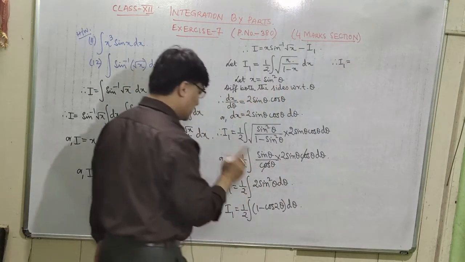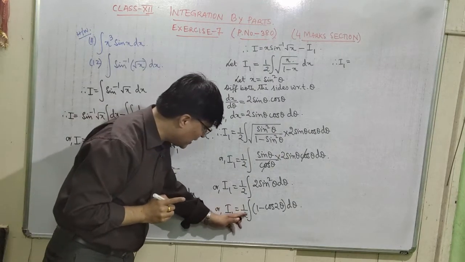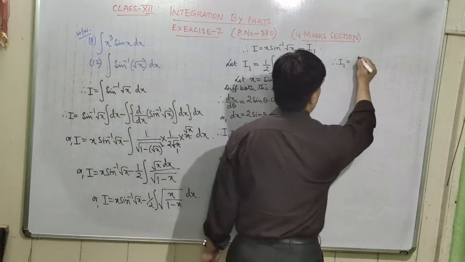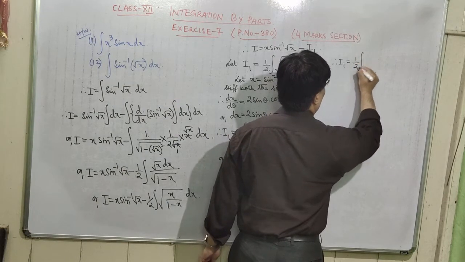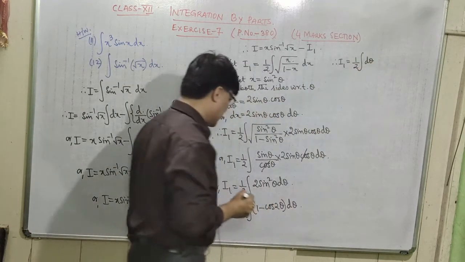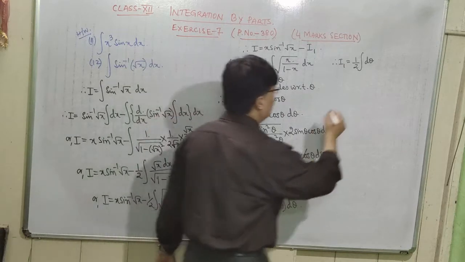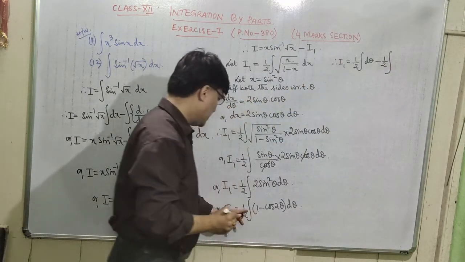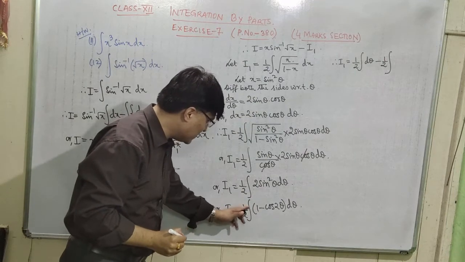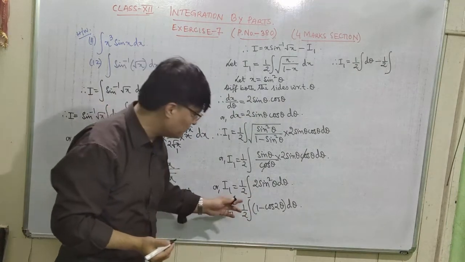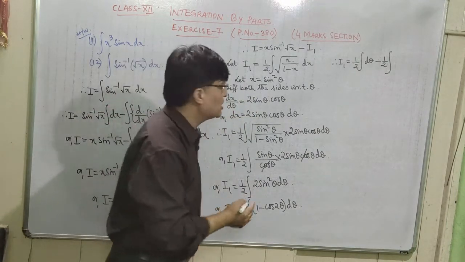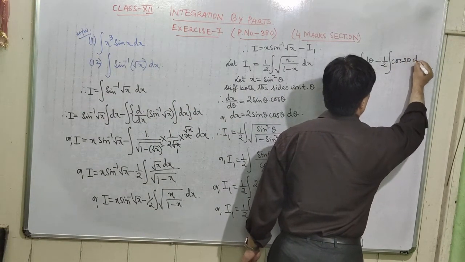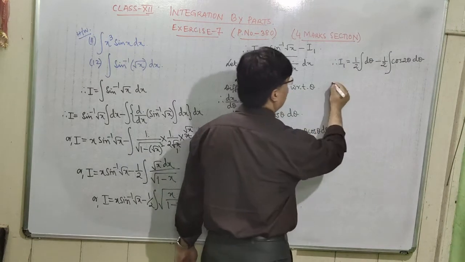I1 is equal to, what is the first integration? It is half integral 1 d theta, that is d theta. Next minus sign is there, minus half integration of cos 2 theta d theta, it is just like multiplication.